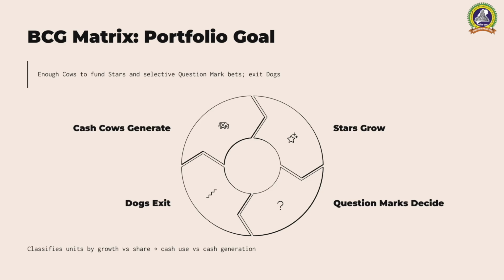Ultimately, the purpose of using the BCG matrix is to maintain balance within the portfolio, which ensures that the cash cows generate enough resources to fund the stars while making smart selective investments in the question marks and carefully divesting the dogs.